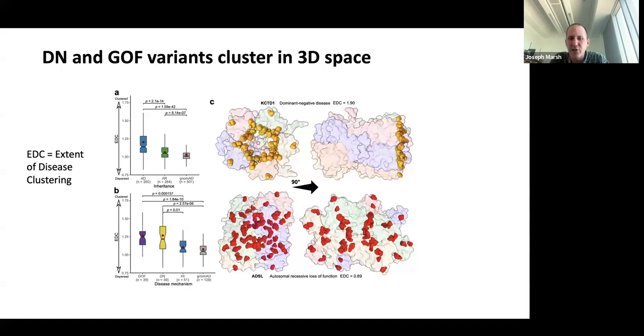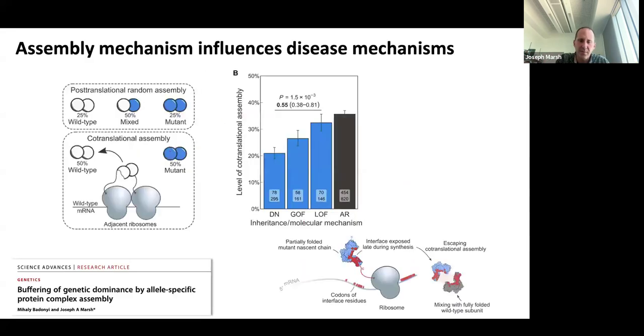So we introduced this metric called EDC, or extent of disease clustering, which is basically just a simple structural metric for how clustered the variants are, or how close they tend to be to each other. And we found that it actually shows pretty good discrimination between different disease mechanisms.